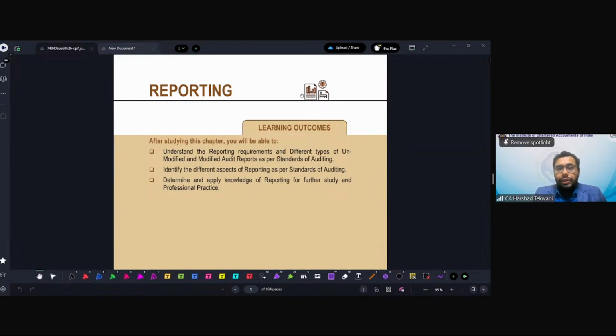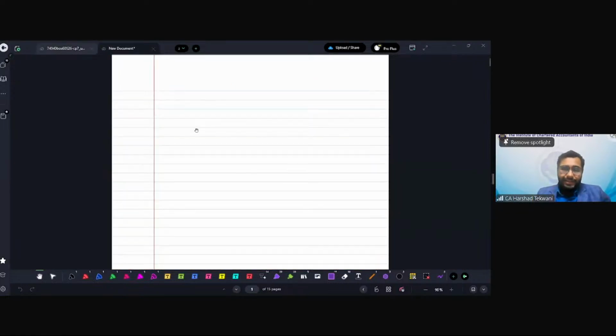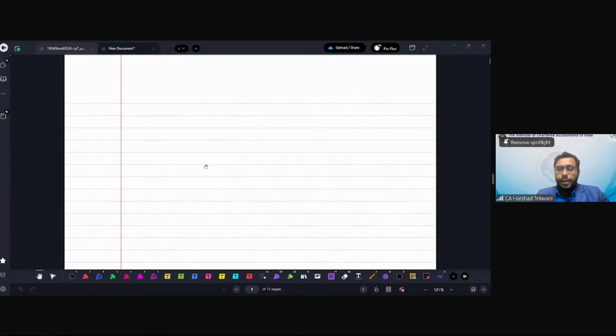Now there are multiple kinds of audit reports and multiple kinds of paragraphs that we will be going through. If I have to outline it SA-wise, your chapter number 7, reporting, is divided into, one, the report structure, that is how we need to prepare the report from all the contents of the report.